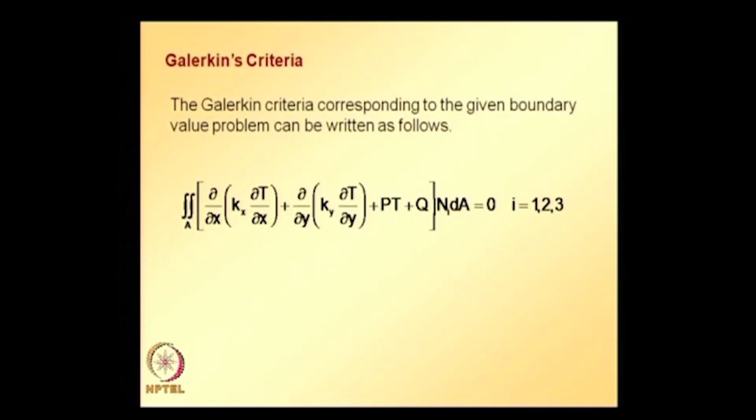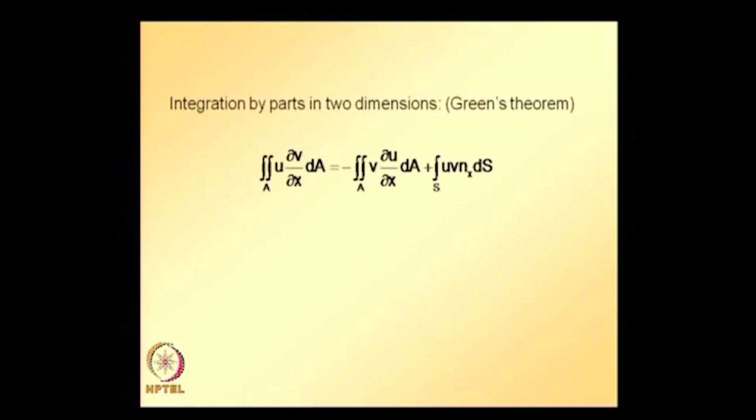Using Galerkin criteria we get this equation, where N_i takes values 1, 2, 3, because there are 3 shape functions for a 3 node triangular element. Using integration by parts, that is Green's theorem, we get these two identities or two formulas.